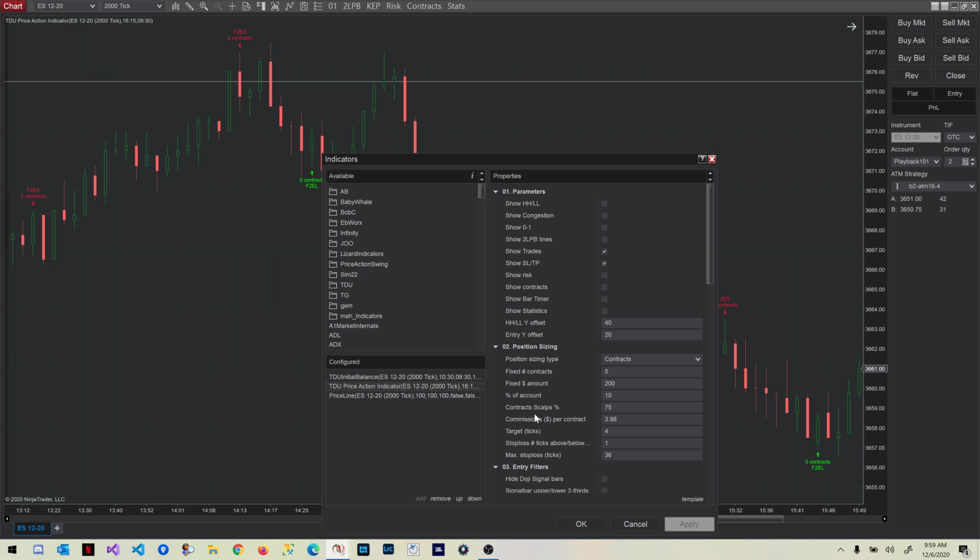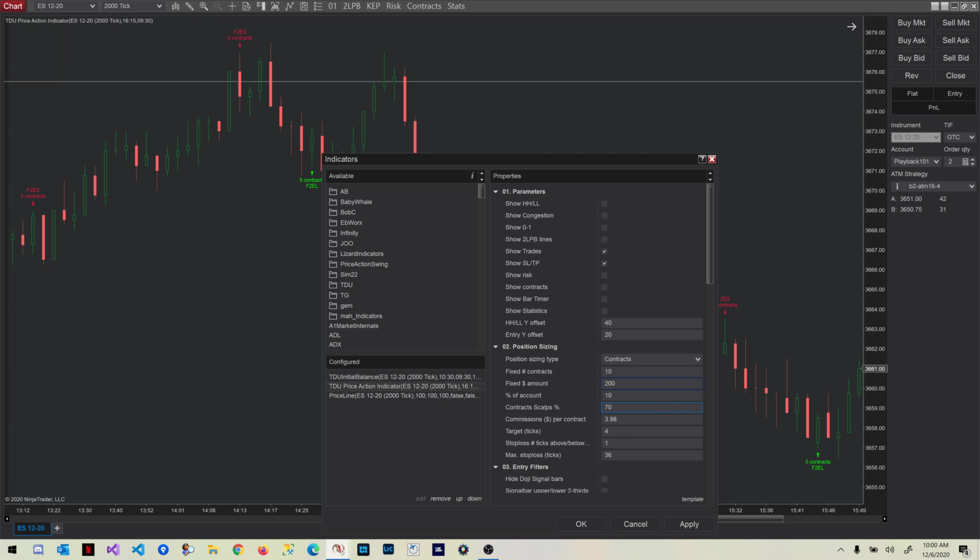You can set that up by changing the contract's scalp percentage, and what that means is that in this case 75% of your contracts will be used for a scalp, so they will be taken out at 4 ticks, and the other 25% will go on as a runner. So let's take it easy, say you trade 10 contracts and you put this at 70%, then 7 contracts will be used for the scalp, and 3 contracts will be used for a runner.